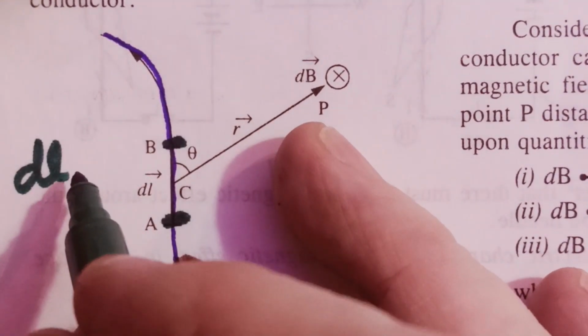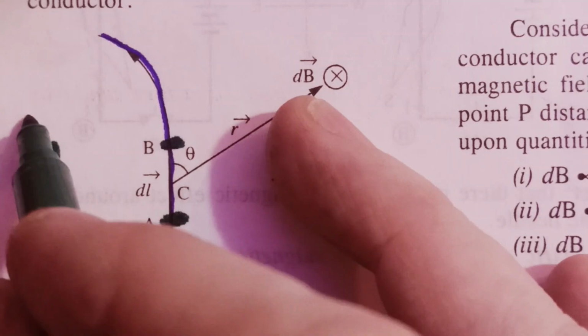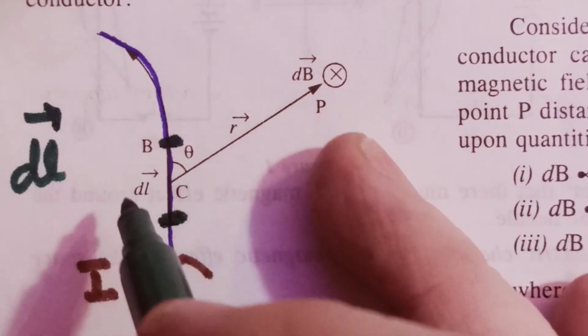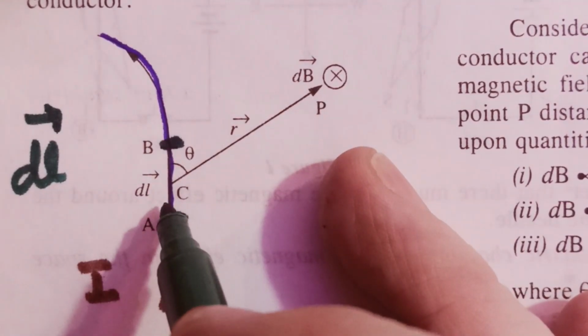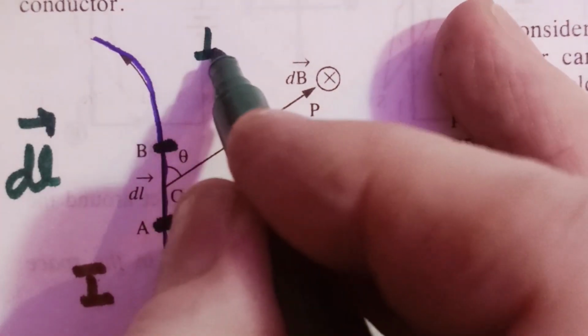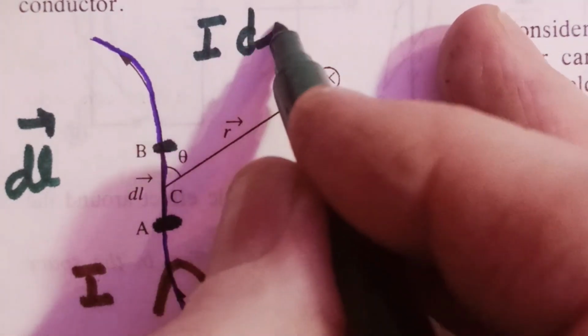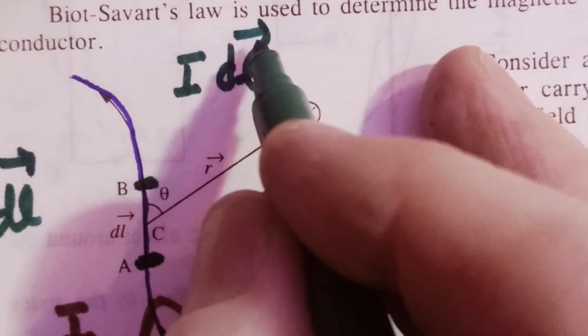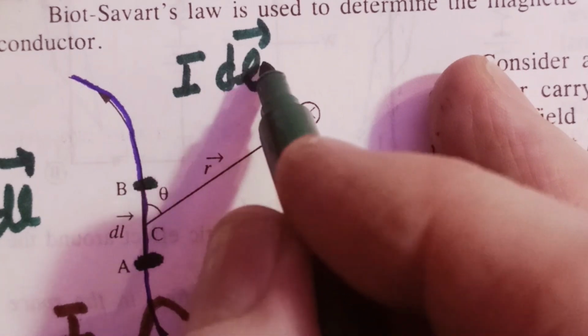Now dl, the length, is actually a scalar, but it becomes a vector when current attaches with it. When current is multiplied by dl, current will tell the direction of dl.